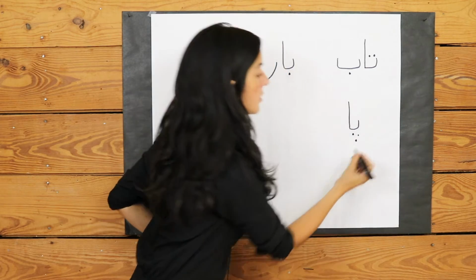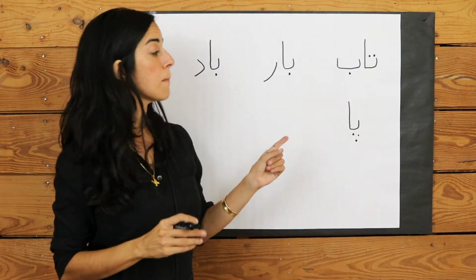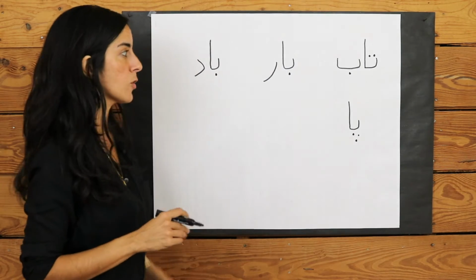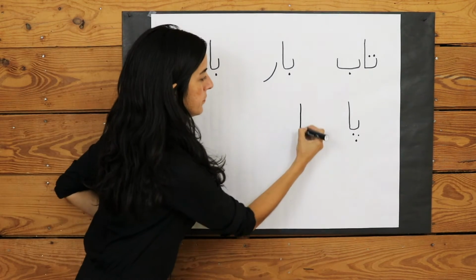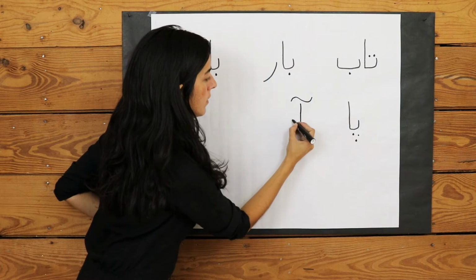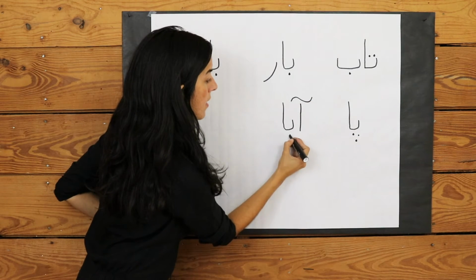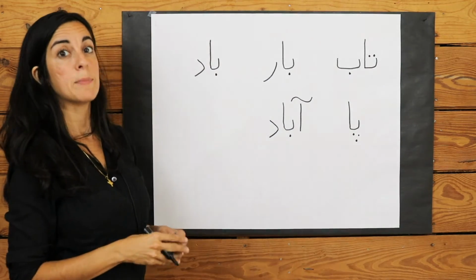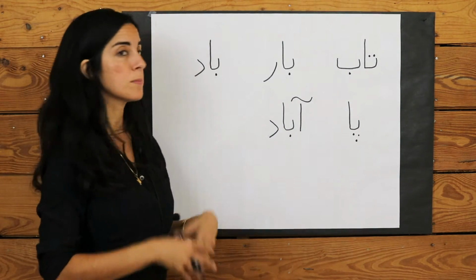Next, 3 dots underneath that letter is pe and a, pa, and that means leg or foot. A, be, a, de, and that means abad. We've read that before. It means prosperous.